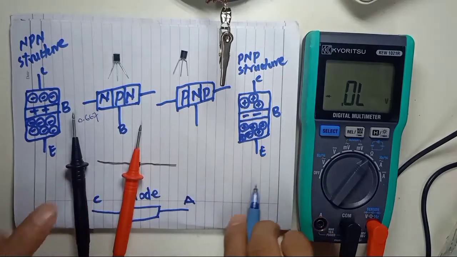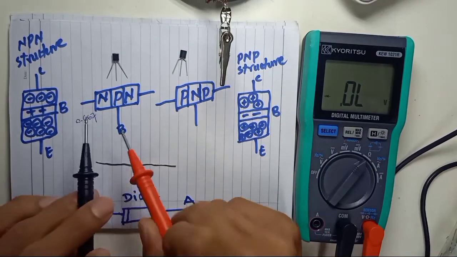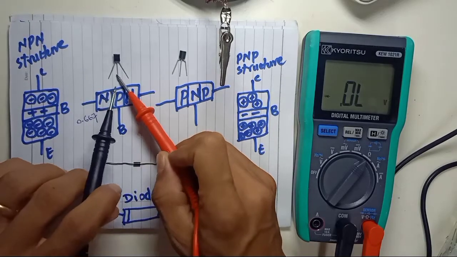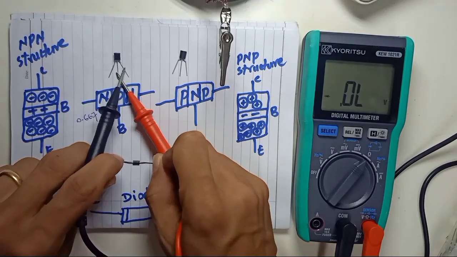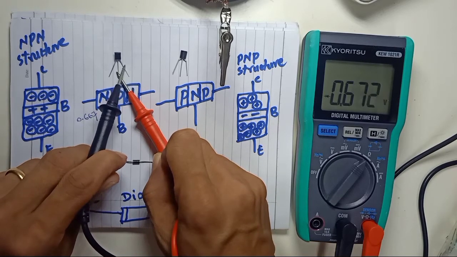From base to the top pin, I have a reading of 0.672.